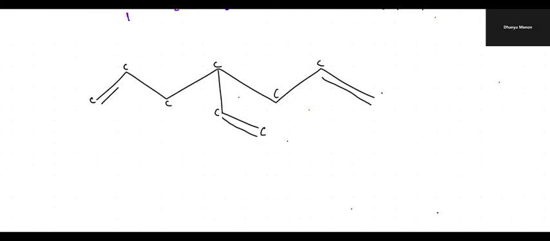Okay, filling it with hydrogen. 2 valencies are satisfied, 2 more needed. 3 valencies are satisfied, 1 more needed. 2 valencies satisfied, 2 more needed. 3 valencies are satisfied, 1 more needed. 3 valencies satisfied, 1 more needed. 2 valencies satisfied, 2 more needed. 2 valencies satisfied, 2 more needed.